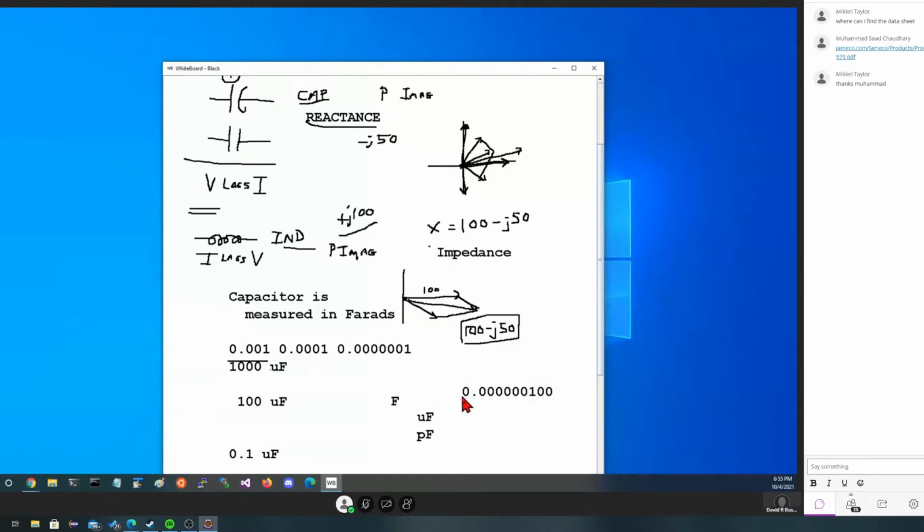So this would be 100. This one is going to be done as 0.1 microfarad. This one is going to be called 0.01 microfarad. And this one is going to be called either 0.001 microfarad or 1,000 picofarad.